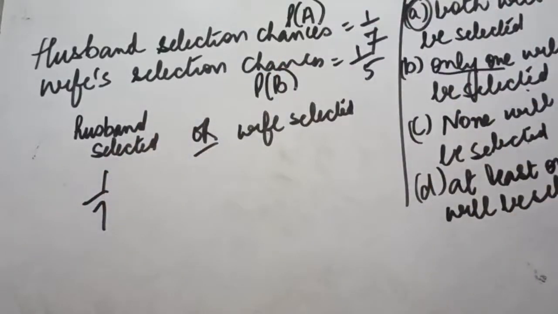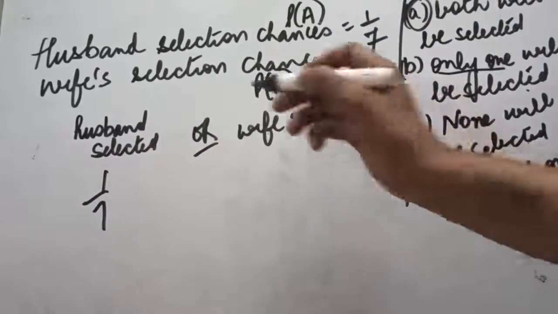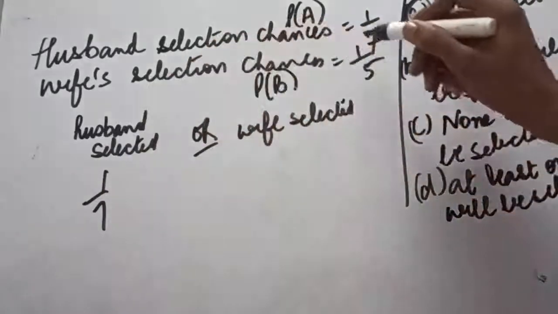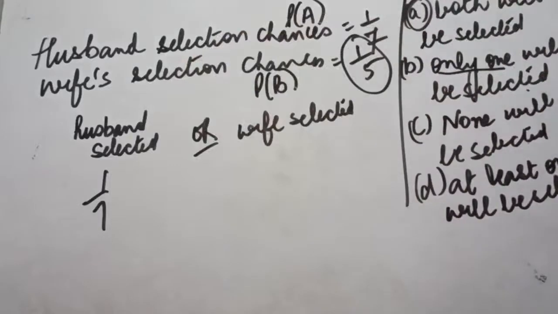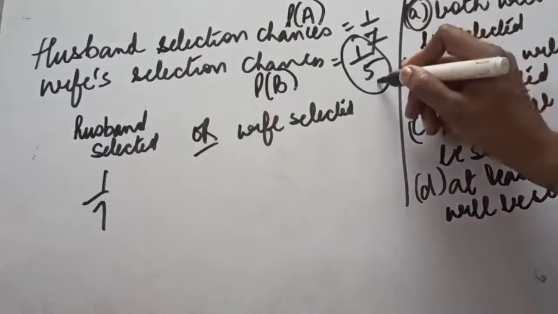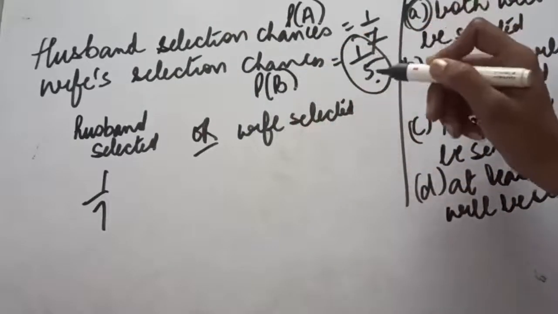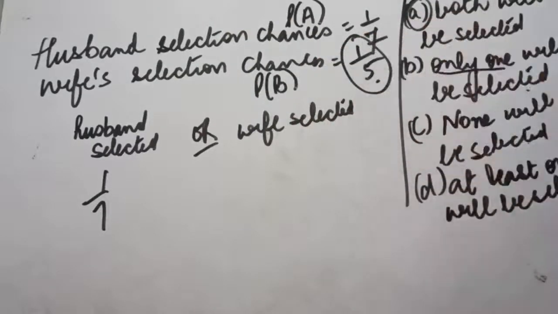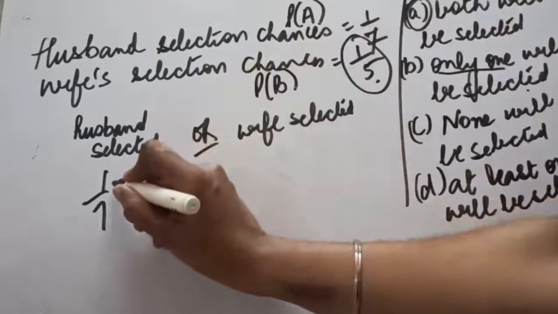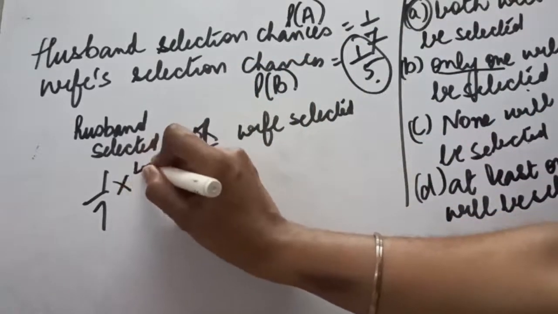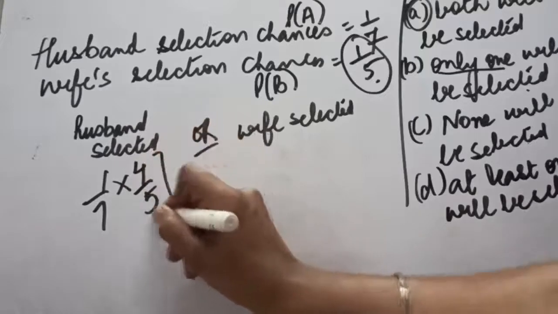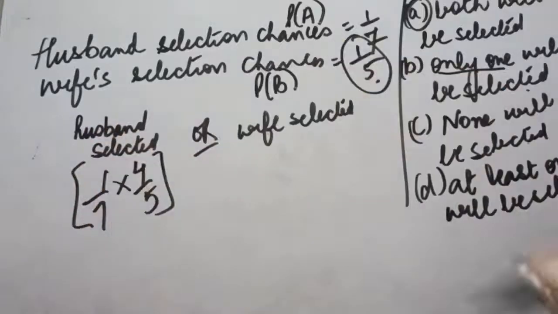If husband is selected, of course wife will be rejected. So if wife's selection chances are 1 upon 5, wife's rejection chances will be 1 minus 1 upon 5. So PB bar, that is not selection of the wife, will be 4 upon 5. So if husband is selected, of course, wife will be rejected. So this will become our first case.